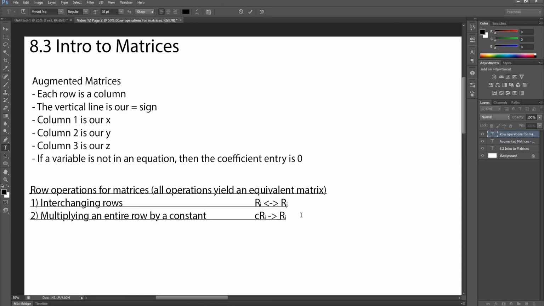And then the last thing we can do is add a multiple of one row to another.